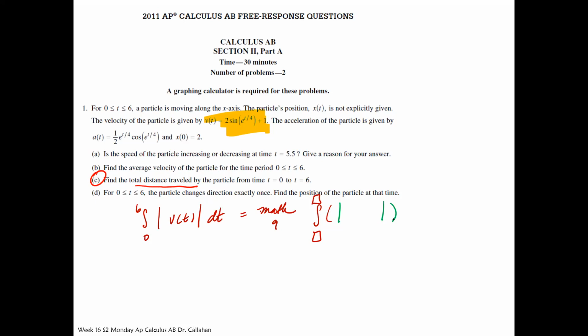To get to the absolute value, you're going to go to math, go over to numbers, which is the second column, and then go to number 1, which is ABS, and hit enter. And you should be able to see you have absolute value bars right there.